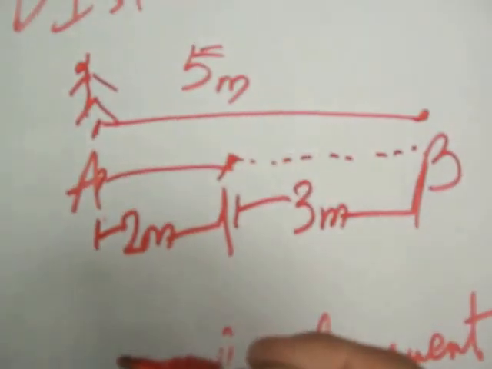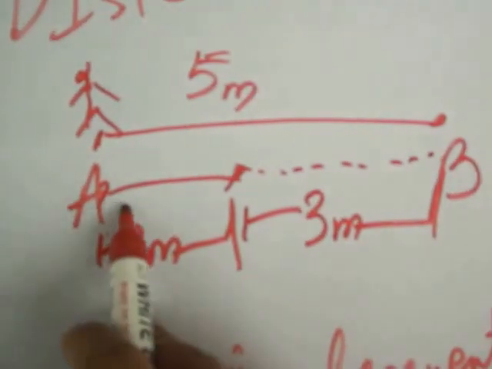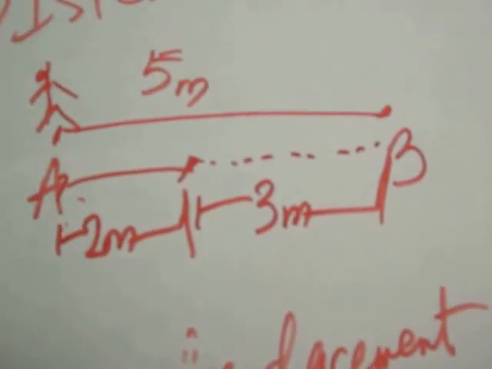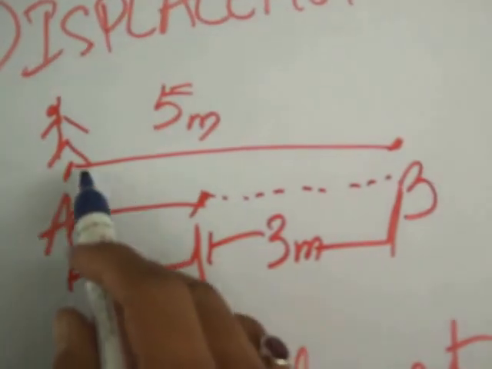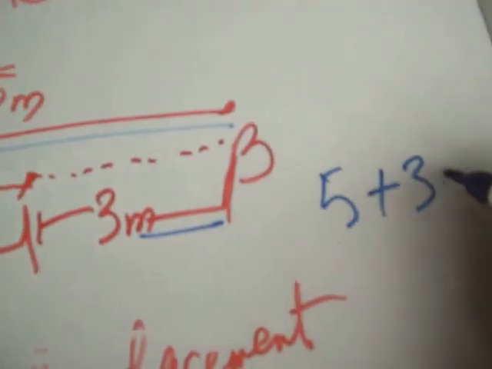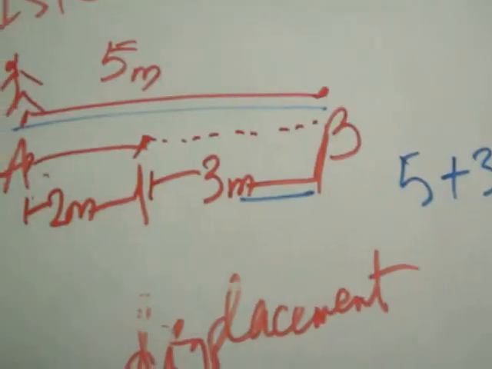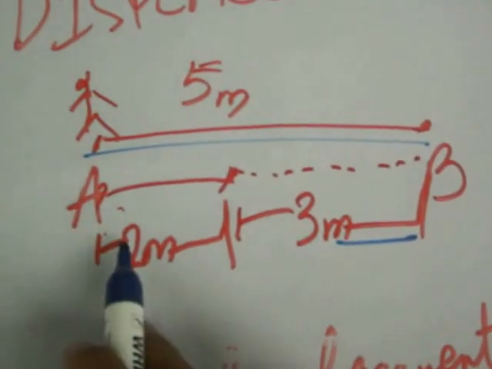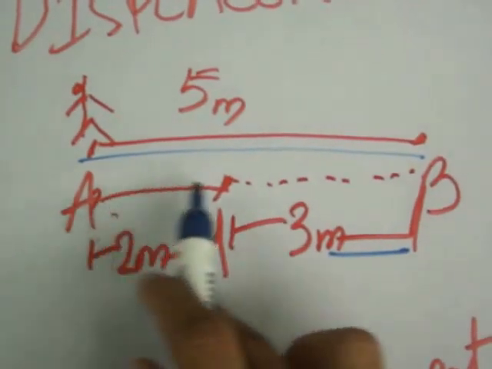So just get the major difference here. The person is displaced from A by 2 meters, whereas the distance traveled by the person is 5 plus 3 equal to 8. This is the distance traveled by the person, whereas the displacement is only 2 meters. He has been displaced from the point A by 2 meters.